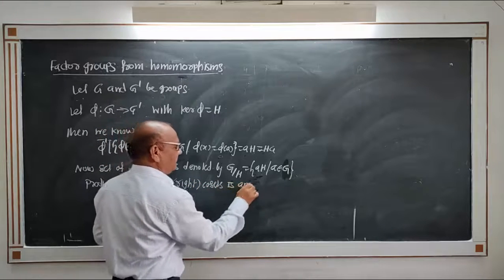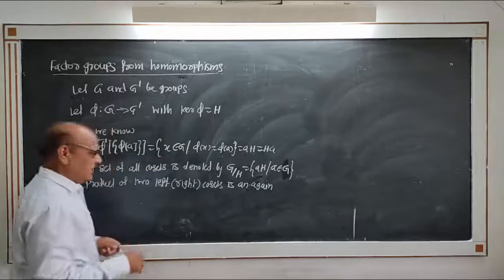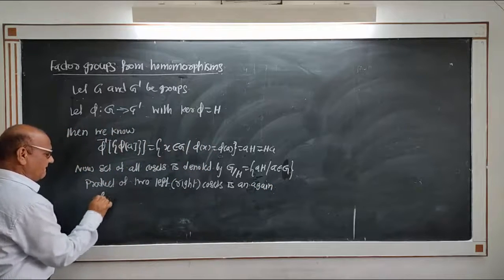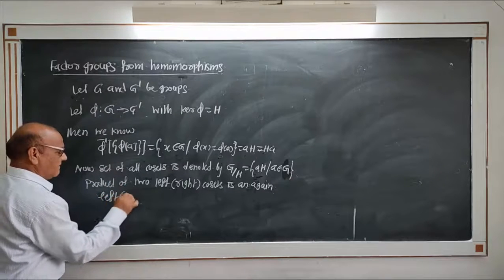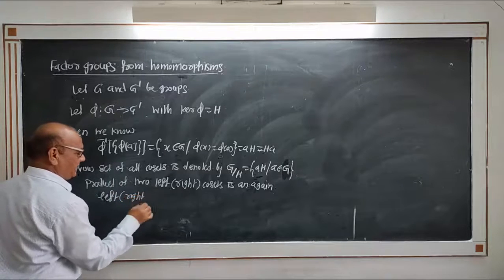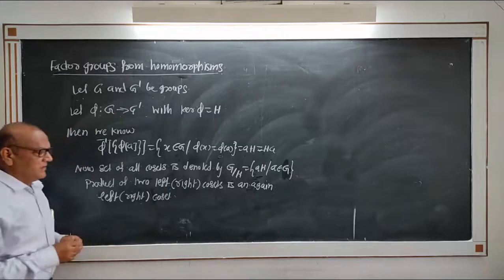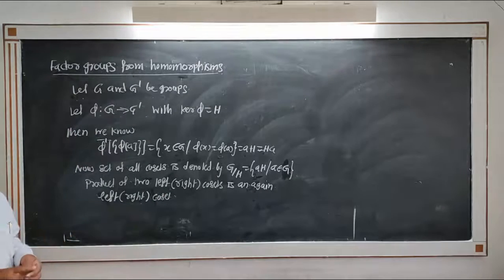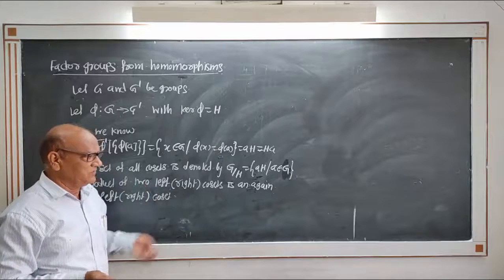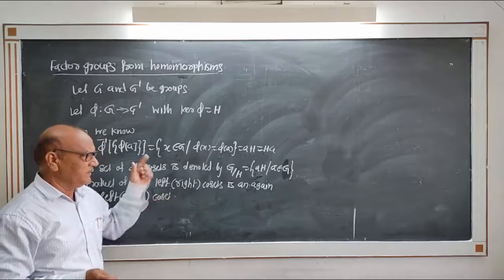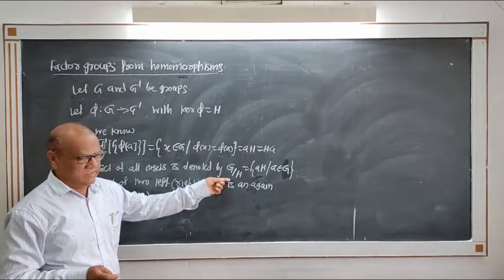The product of two left cosets is again a left coset. The product of two right cosets is again a right coset, if H is a kernel.